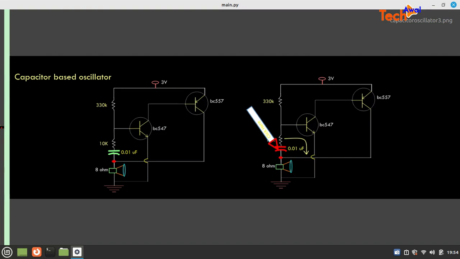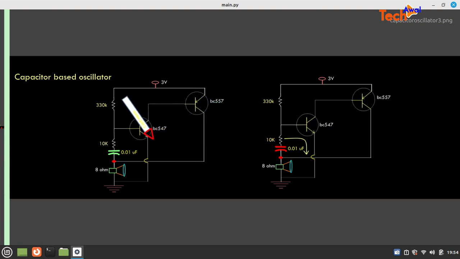When the capacitor is fully charged, this is the 10K resistance and this is a diode, okay, so when the capacitor is fully charged, it is seeing this as a path to discharge.